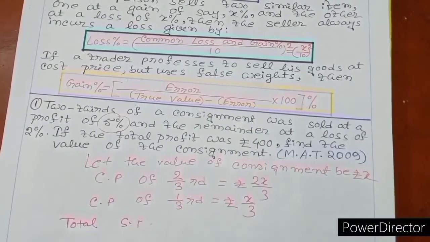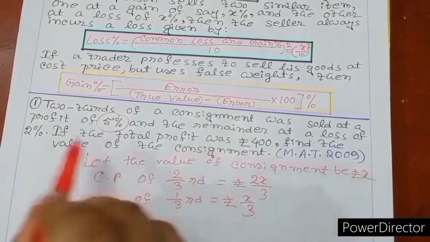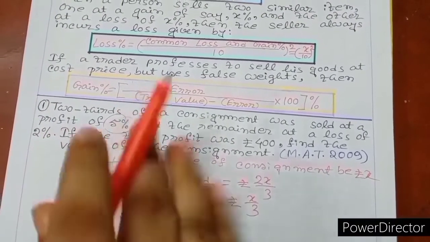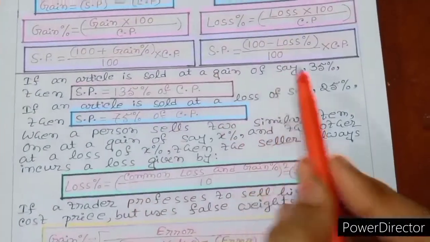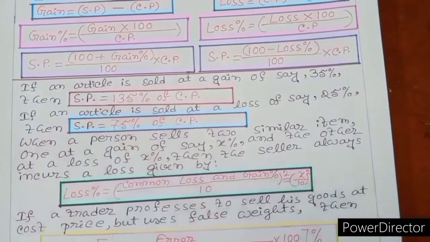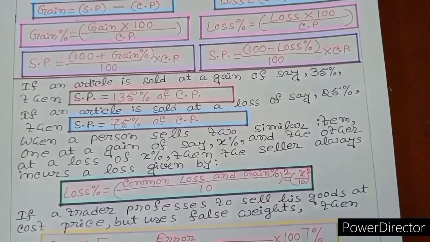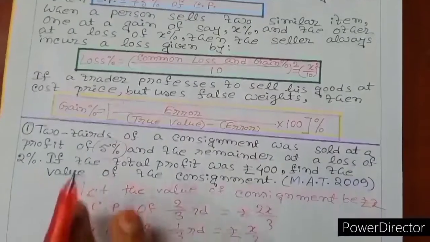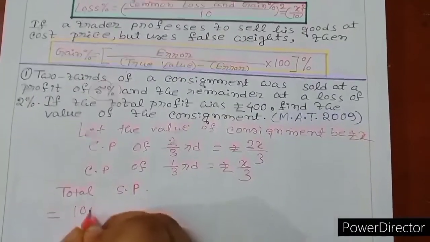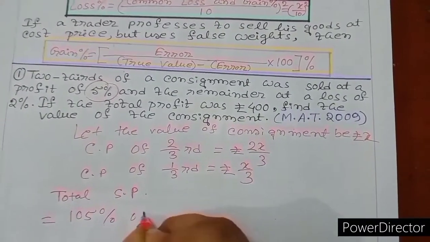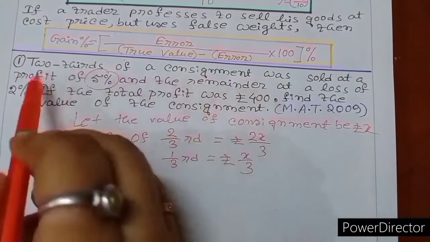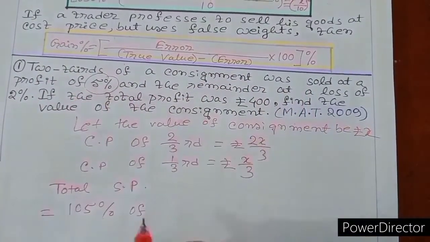So total selling price equals, first say profit of 5%. 5% profit means, we know if gain 35% means selling price equals 135% of cost price, then here say profit 5% means 105%. 105% of what? Here say 2/3 of a consignment, profit 5%.